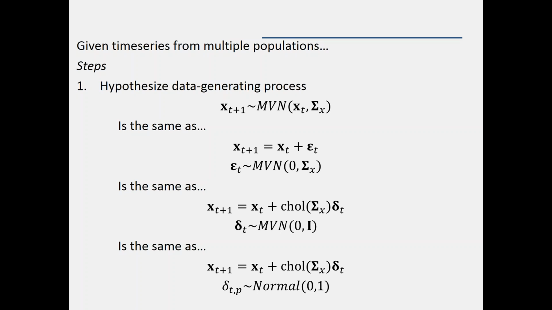The third line is a third parameterization where you have delta be a random effect, and then you calculate epsilon as the Cholesky times delta. I see. And so they're all different parameterizations of the same model. Yep. That's exactly what I was talking about. Thanks.